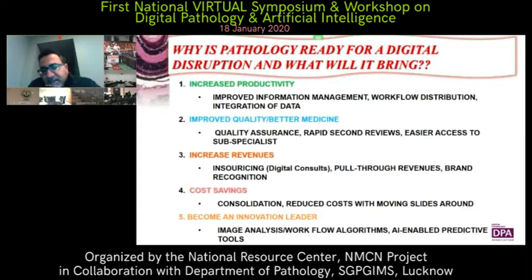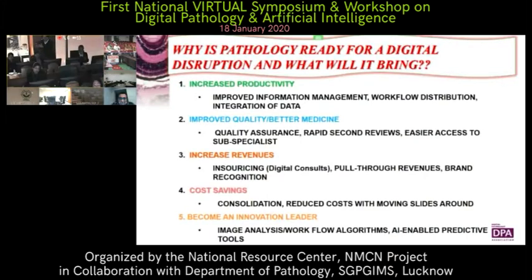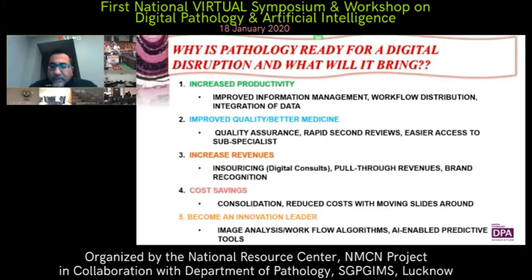If I'm in my office and I have to consult a dermatopathologist who is in a different part of the city or anywhere in the world, I can show them a case. There is also an opportunity to increase revenues through pull-through revenues, brand recognition, cost savings, and then becoming an innovation leader.